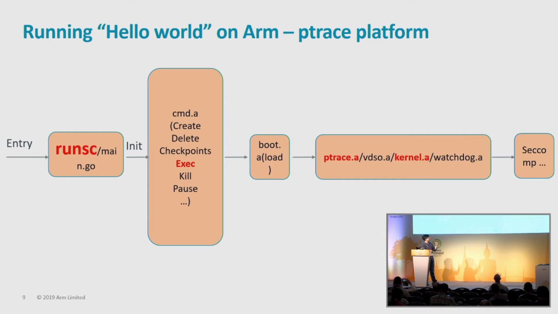This page shows the initialization step of runsc. And main.go is the entry of gVisor. And also please notice the red characters: ptrace, kernel, exec. If we want to port the gVisor ptrace platform on Arm, we should enable them first.